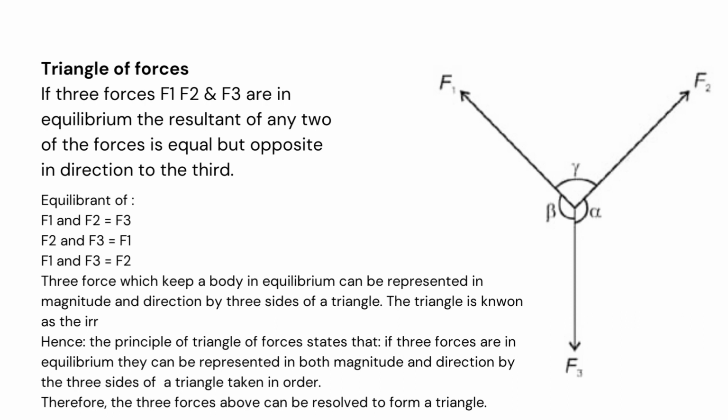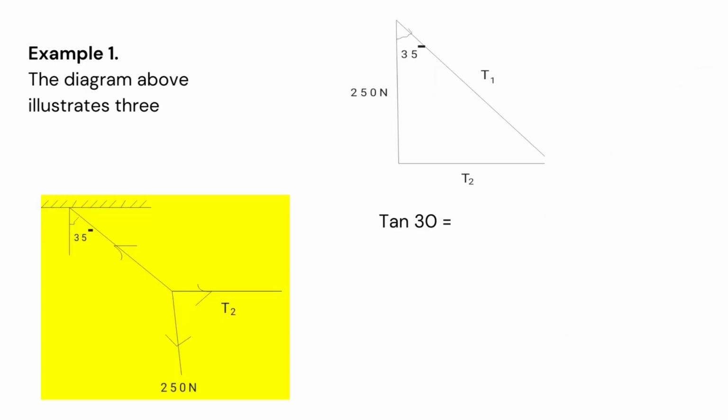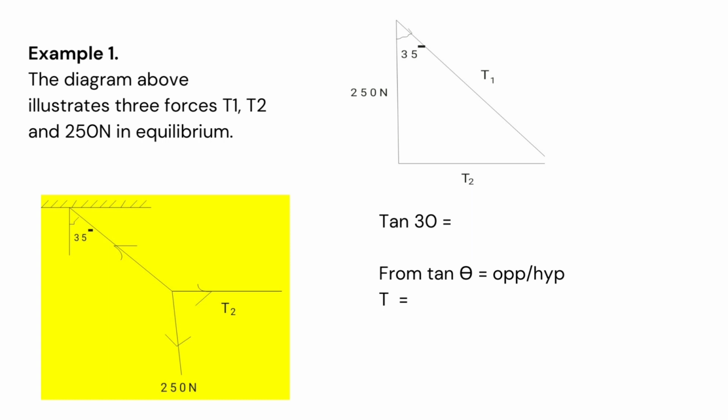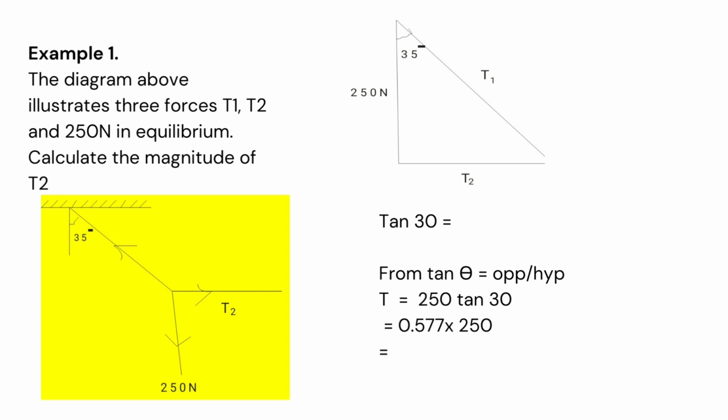We move to the examples. In the diagram, we have a body, a rope tied to a rigid body. The question says the diagram above illustrates three forces, which are T1, T2, and the last one, 250 Newton.